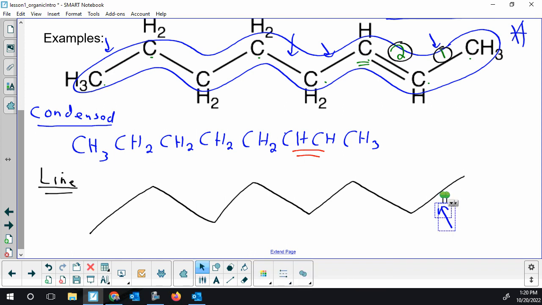It's not there. It's here. The second carbon-carbon bond is where we have the double. So this is where you double up your line to show the reader there's a double there. That is the line structure for octene, or any rotation or mirror image of this. Any flip would be the same molecule.